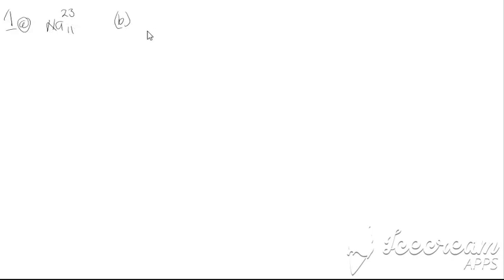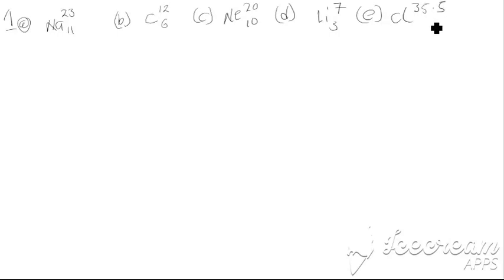And then carbon, the symbol is C, it has the mass number of 12, down 6. And then on C we have neon, which has 20 on top, 10 down. And then on D we have lithium, which is a metal, 3, and the mass number of 7. The last one is what? Chlorine, which has 35.5 and the atomic number of 17.